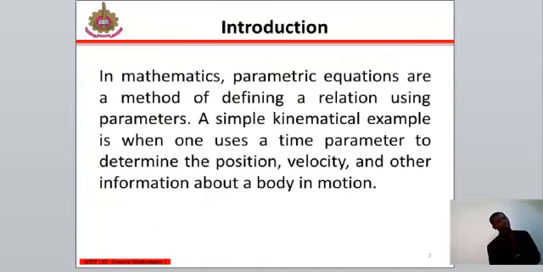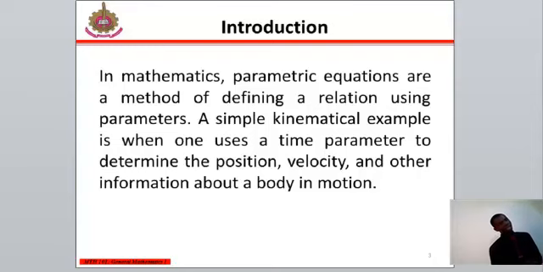In mathematics, parametric equations are a method of defining a relation using parameters. A simple kinematical example is when one uses a time parameter to define the position, velocity, and other information about a body in motion.